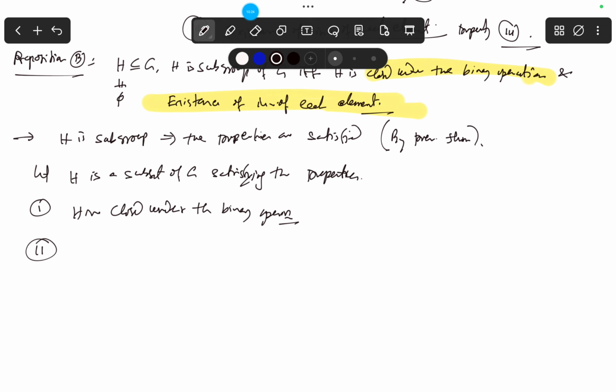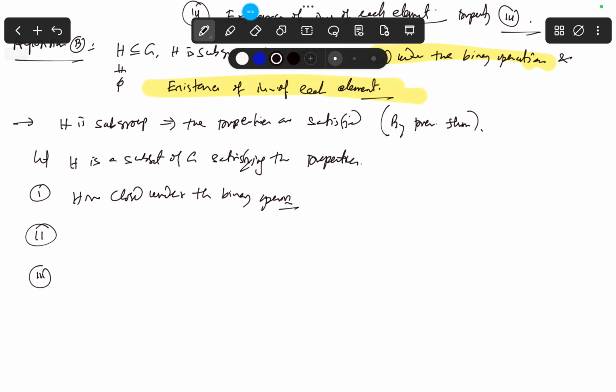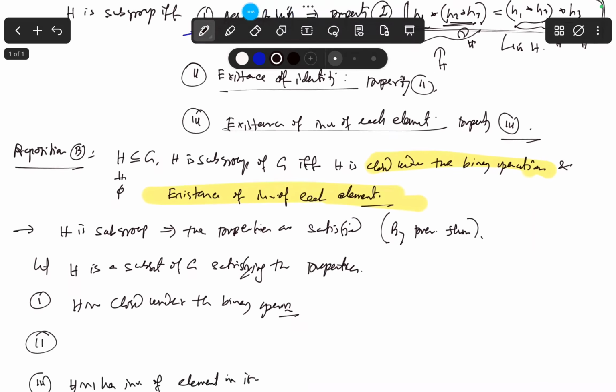So these two, okay, so let us keep this one, and let us write the third property that we have, which is existence of inverse. So H has inverse of each element in it. Alright, now we need to just check whether it contains the identity element of G or not.